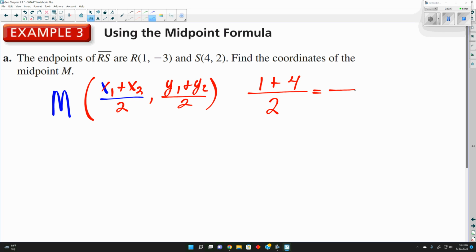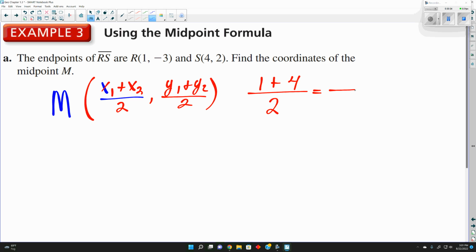So we're given the endpoints of RS: R is (1, -3), S is (4, 2). Find the coordinates of the midpoint. To find the midpoint, we add the two x values together and divide by 2, and we add the two y values together and divide by 2.